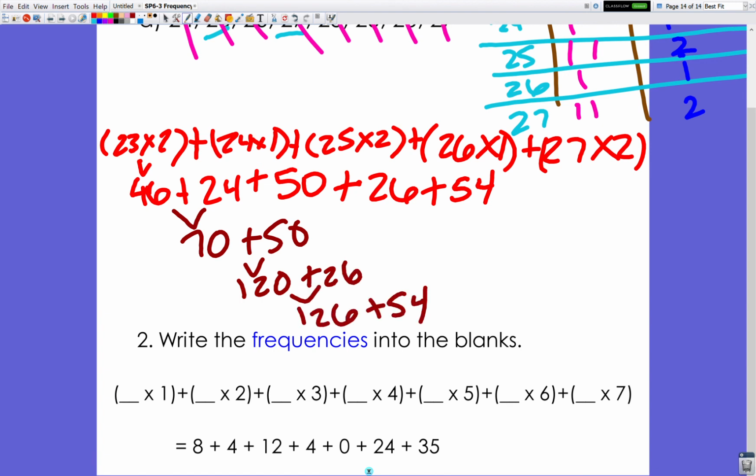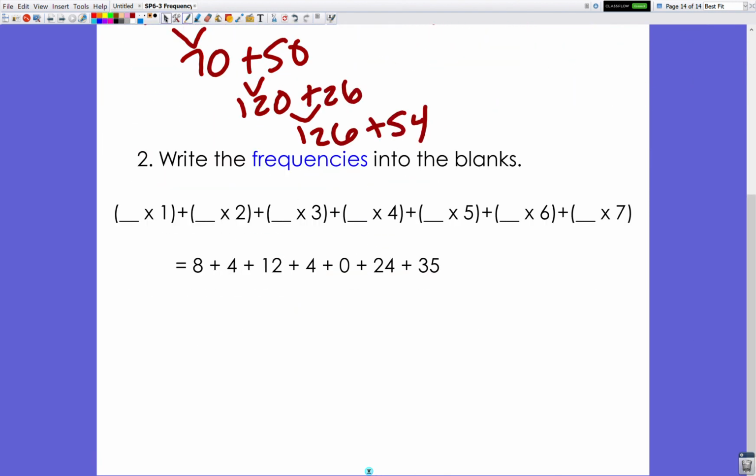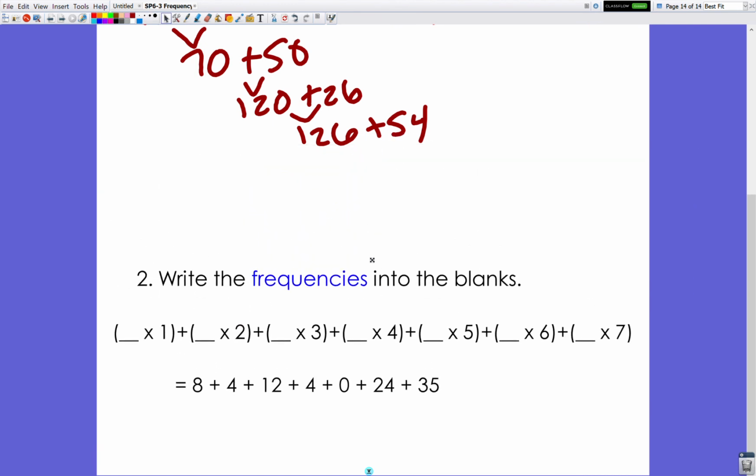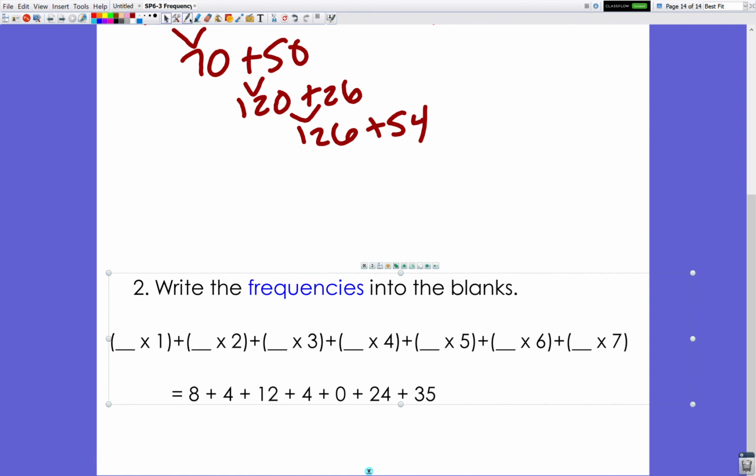Still not enough room. Plus 54. So again, I'll move this down, I guess. We need more room. And then 126 plus 54 is 180.